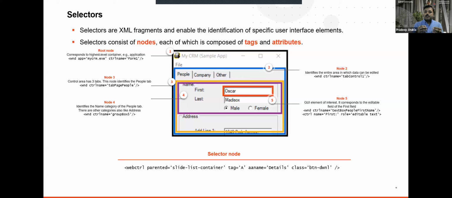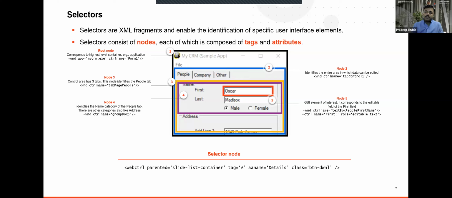And from a user's point of view, the beauty is the user doesn't have to provide anything. The user just has to click on that particular UI element. The UI automation behind the scenes captures all this information, and it becomes part of that selection criteria itself.